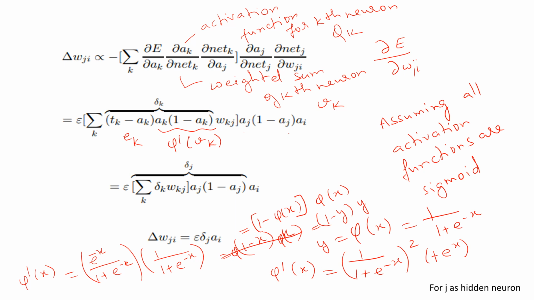The two neurons are connected: k is the neuron at output layer, j is the neuron at the hidden layer. So it is the weight between the output and the hidden neuron, and this whole summation is over all neurons available at my kth layer. This is my learning rate.